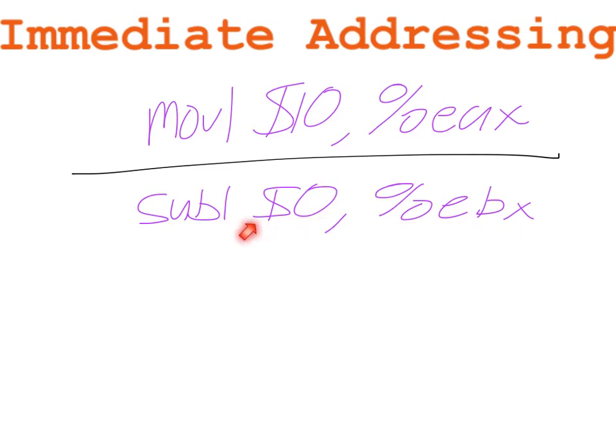Now, one of our operands is defined as immediate addressing because we're using a constant here, and this other operand here is a register, therefore it's register addressing. We're also using register addressing here because it's a post-op location. Subtraction automatically stores the result in the destination parameter.